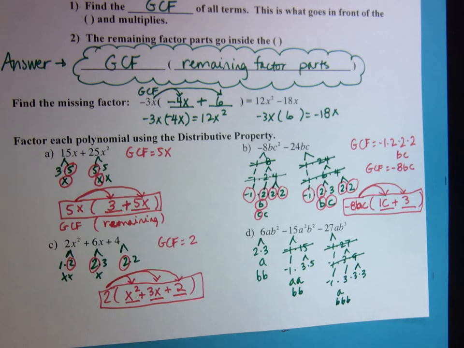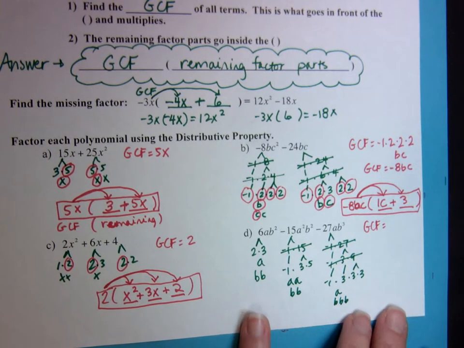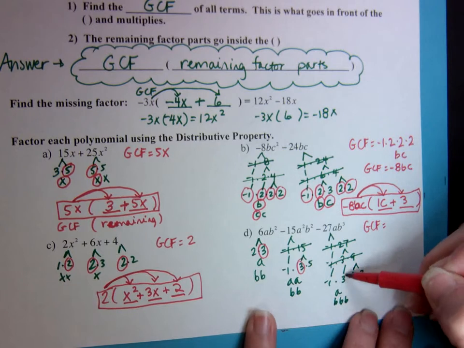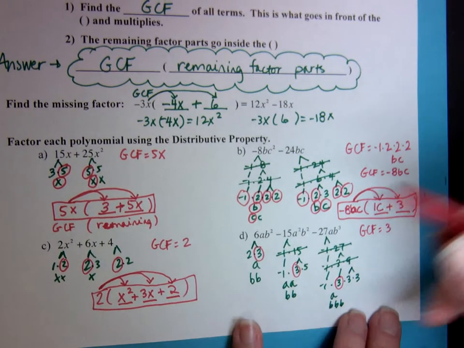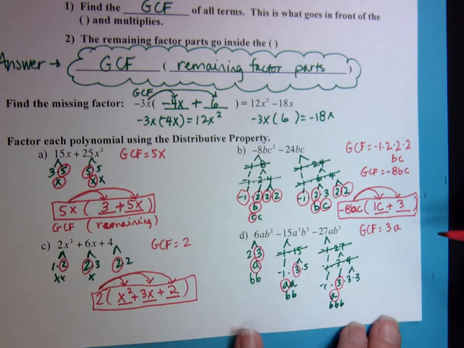All right, so greatest common factor time. 3. There's a 3 that's in common, and an a, 2 b's.